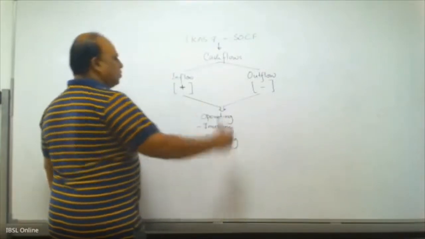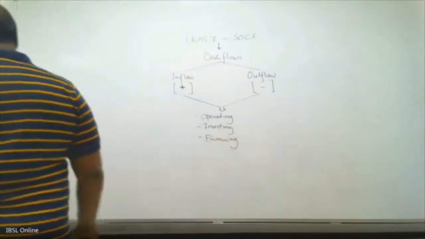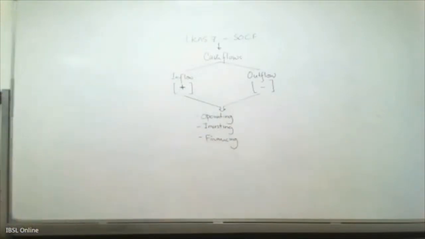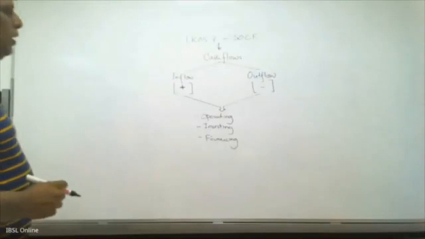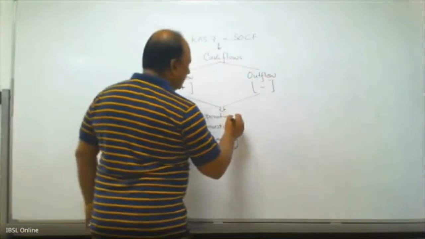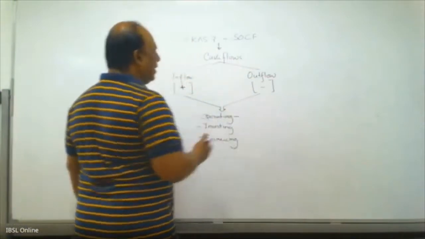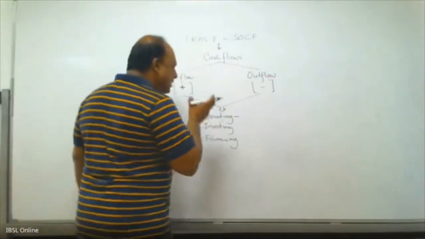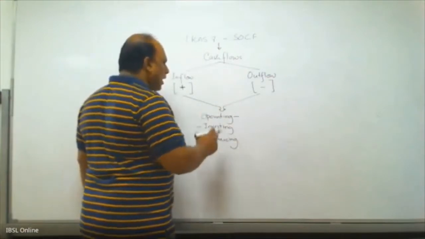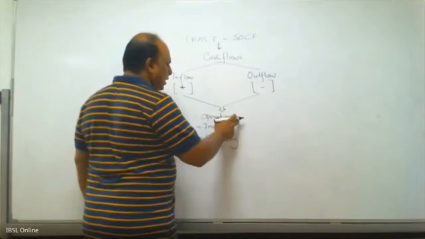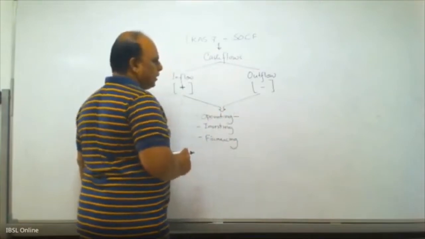Right. So what does operating activities consist of? What does it have? Revenue producing cash flows. Yes. In other words, it is all your core business. If you are doing a trading business, all your business related activities and the corresponding cash flows related to those business activities are captured under operating.